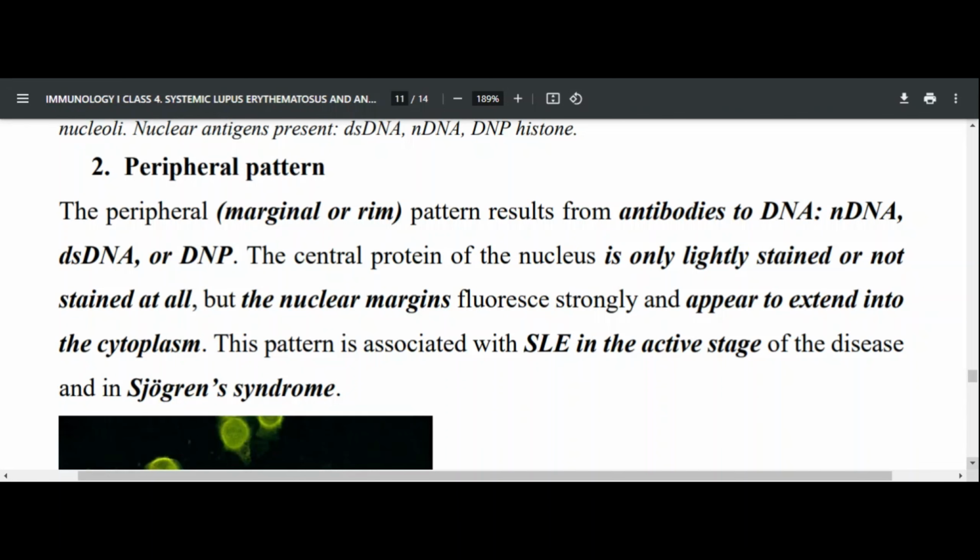So if this peripheral pattern is observed, it means the antibodies detected are against double-stranded DNA or deoxyribonucleoprotein, but not other types of antigen in the nucleus.